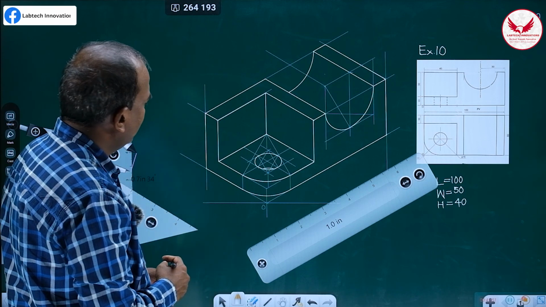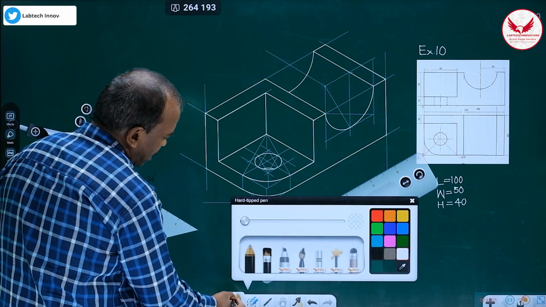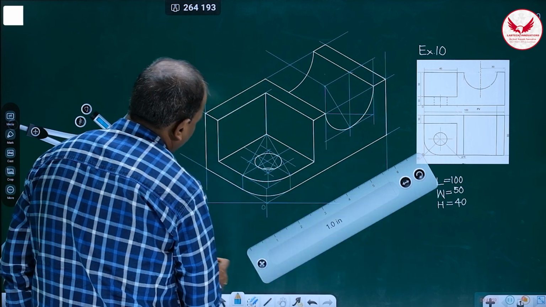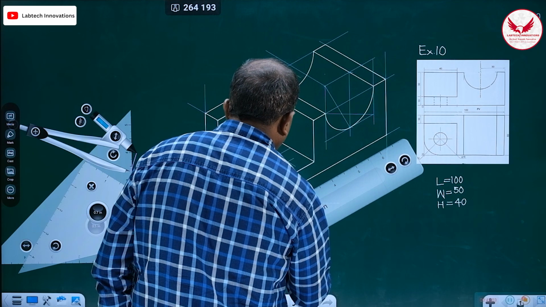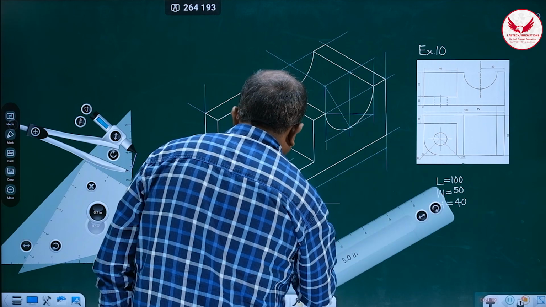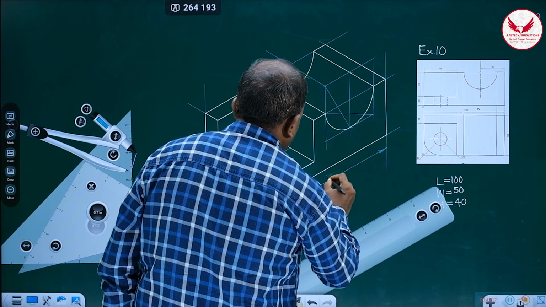So the other 3 things we have to do, what are those? Mark the dimensions, overall dimensions. How do you have to mark the overall dimensions? So it will be used for length. Length is 100.